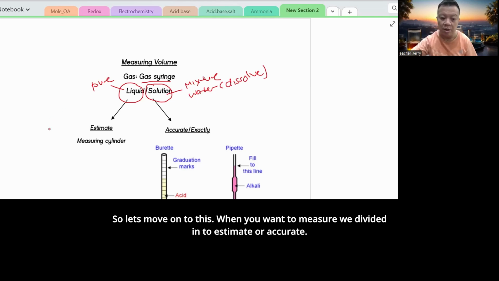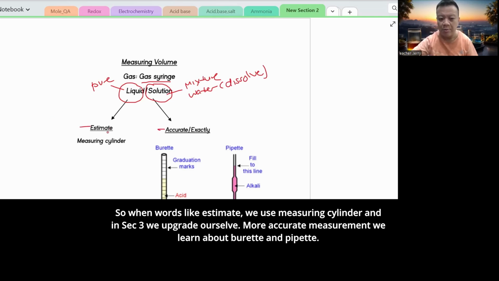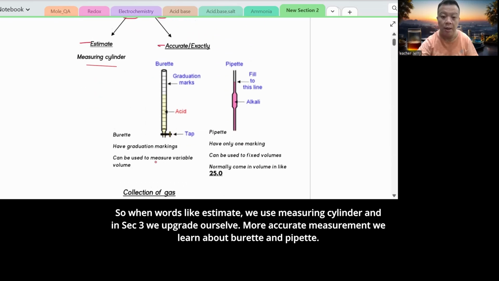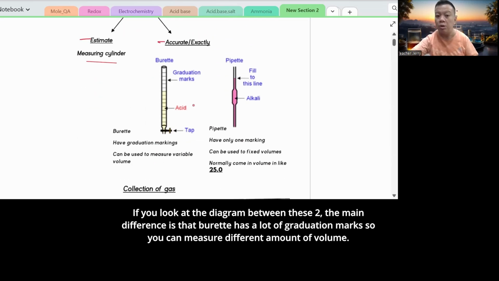When we want to measure, we divide it into estimate or accurate. When the words are estimate or rough, we use a measuring cylinder. In Sec 3, we upgrade ourselves to more accurate measurement, and we learn about the burette and the pipette. If you look at a diagram of these two, the main difference is that the burette has a lot of graduation marks, so you can measure different amounts of volume.